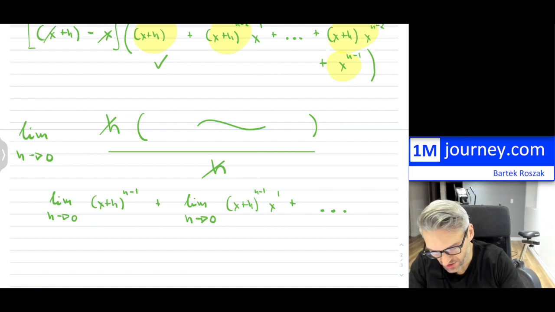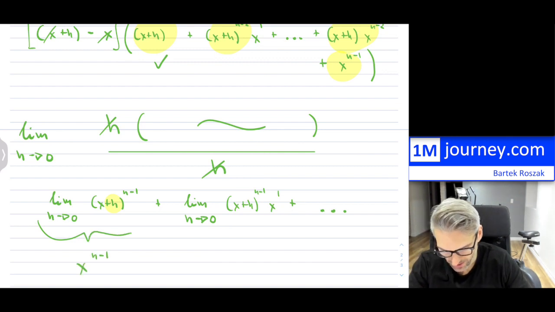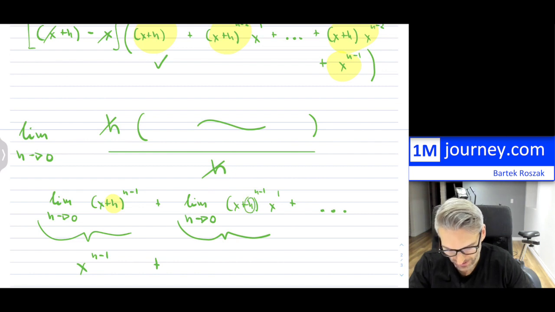Now, as h is approaching 0, you'll notice that this one is gone. So really, this limit is nothing else but x^(n-1). Now plus, again, the h in there is approaching 0, so it's basically 0 if we take the limit inside. So this is going to be x^(n-2) times x^1.